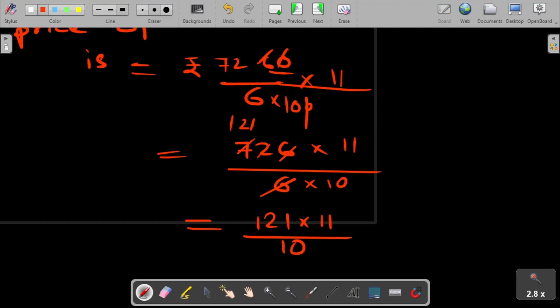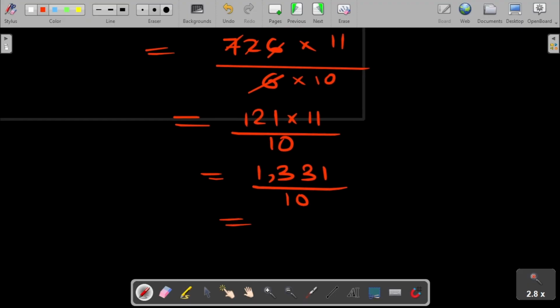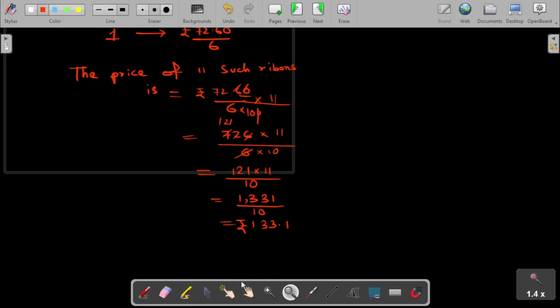121 multiplied by 11 becomes 1331. And if I divide by 10, it becomes 133.1.